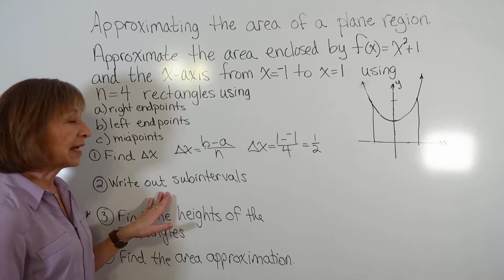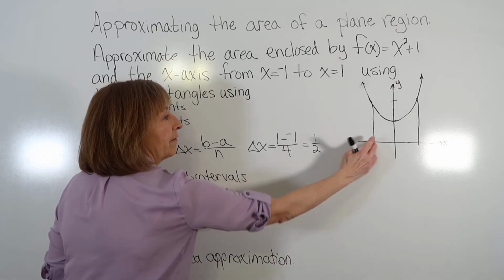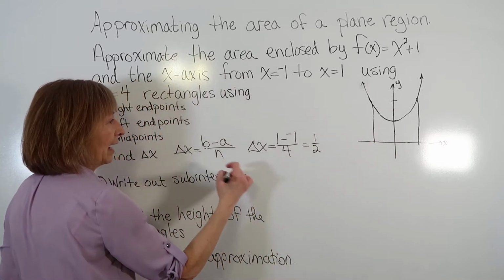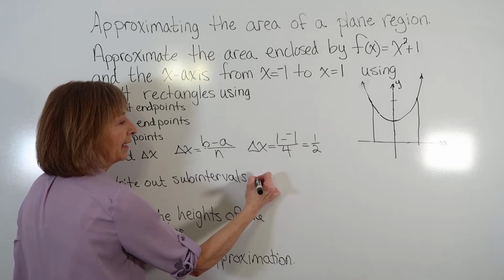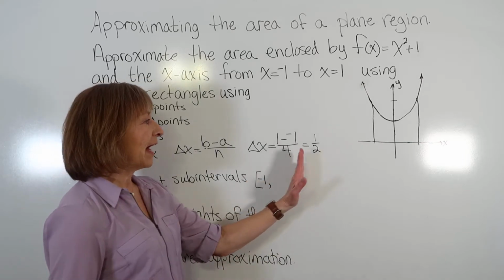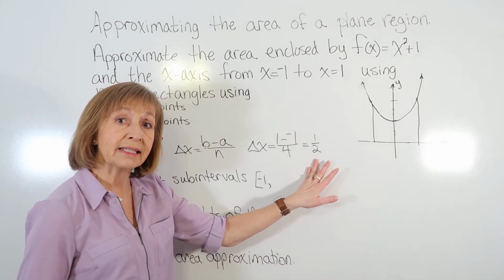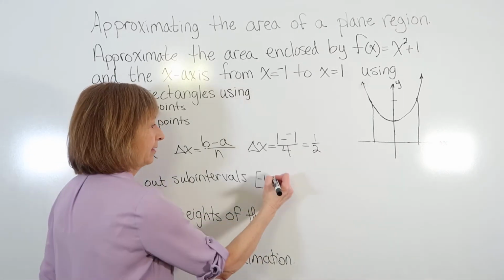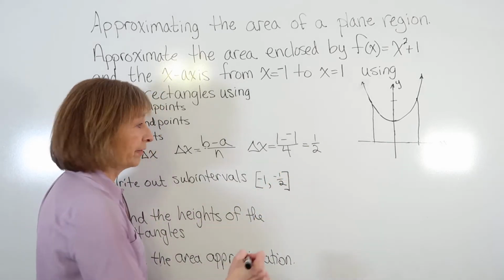Well, we're going to do that by starting with the first value of our interval, the beginning of it, our a value, so I have my -1. And then if I add an increment of a half to -1, -1 plus a half is -1/2. So that's the first subinterval.